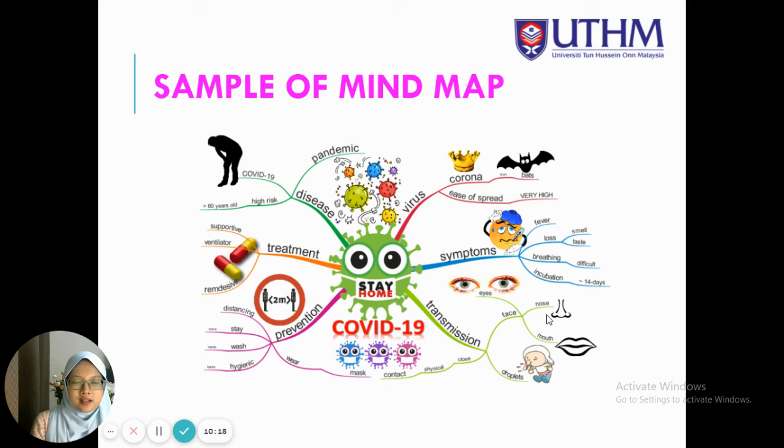Okay, next one is the sample of a mind map, where I said you can include some visuals or design graphics, or you can include pictures, but make sure they are related to the points. For example, this is about COVID-19, so the picture here is about the virus, and you can see the branches, the key points about disease, treatment, prevention, transmission, symptoms, and also about the virus.